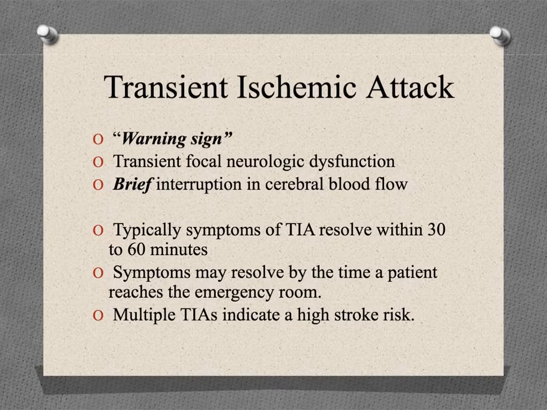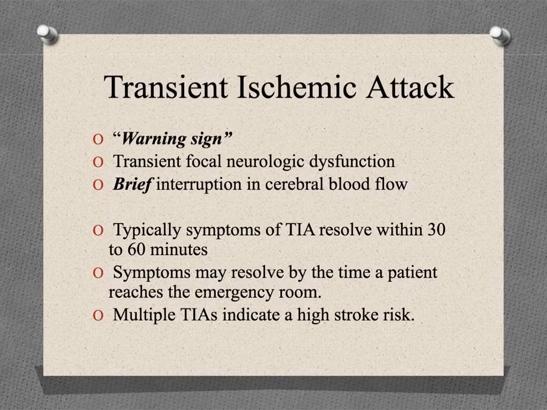You have a chart in your book that goes over key features of a transient ischemic attack. It's a good idea to review those key features. Typically, your patient will exhibit visual deficits, which can be blurred vision, double vision, blindness or tunnel vision. Motor deficits, weakness in one side typically, facial droop.